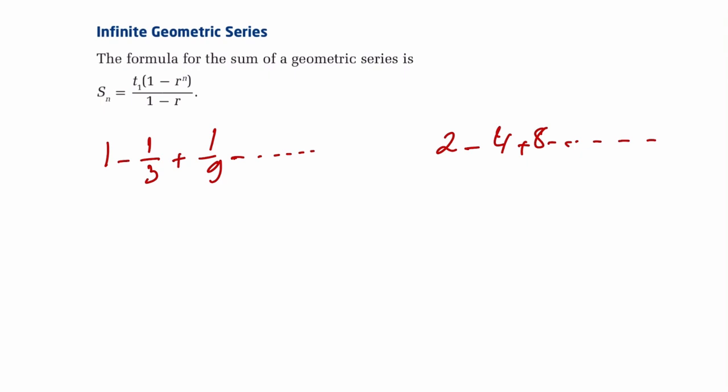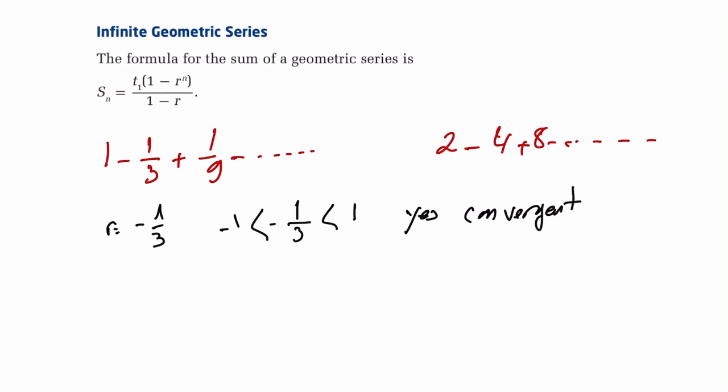To find my r, I divide two consecutive elements. So my r is 1/3 divided by 1, which is minus 1/3. Because minus 1/3 is between minus 1 and 1, I can say yes, my series converges, and I can find the sum.